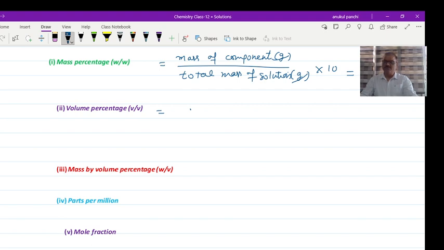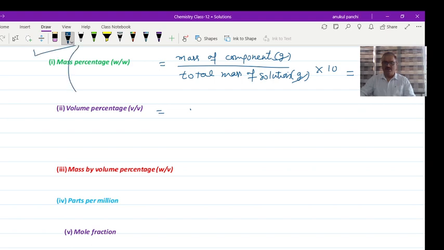And if all components of a solution are liquids, for example, I mix 10 ml of ethyl alcohol in 20 ml of water, mix them together, 10 ml alcohol, 20 ml water, and I want to get the volume percentage of alcohol or that of water, then what to do?